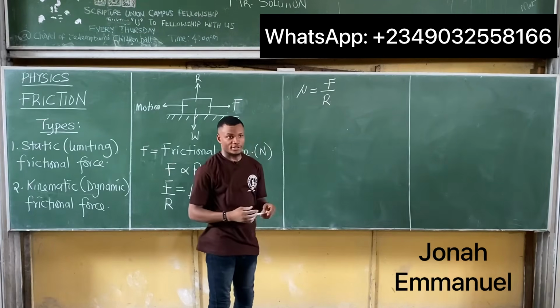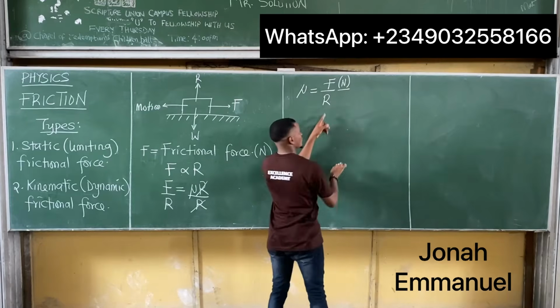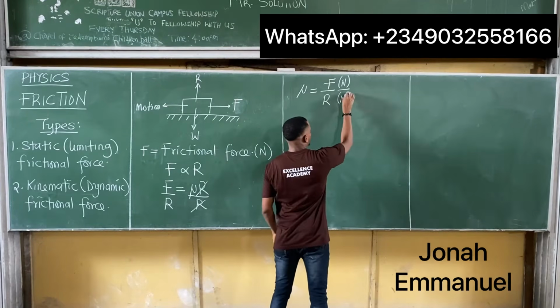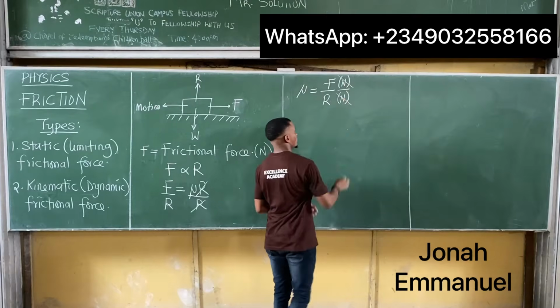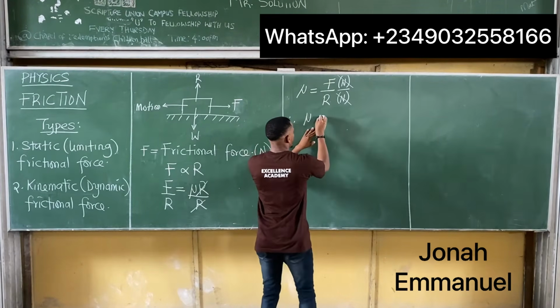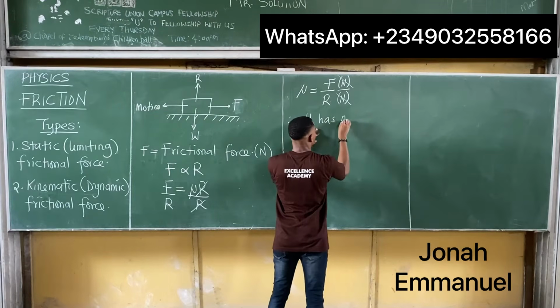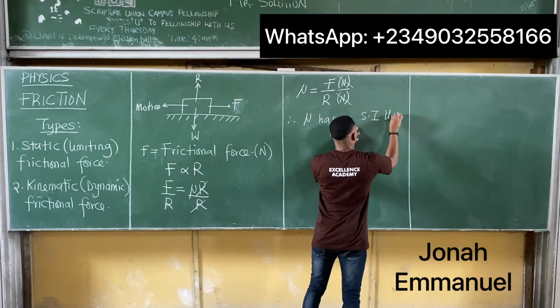Let's include units. Force is measured in Newton, and normal reaction is also in Newton, so the Newtons cancel out. Therefore, mu has no SI unit.